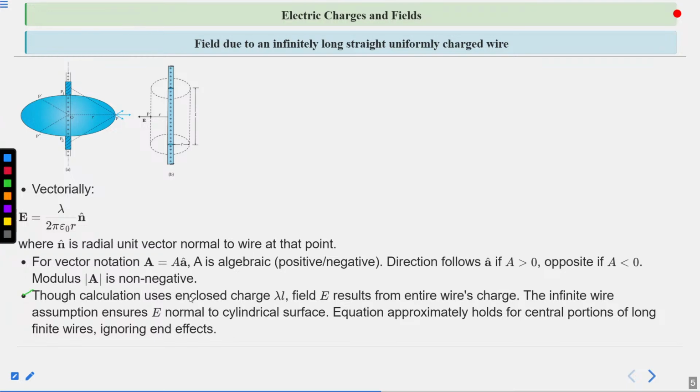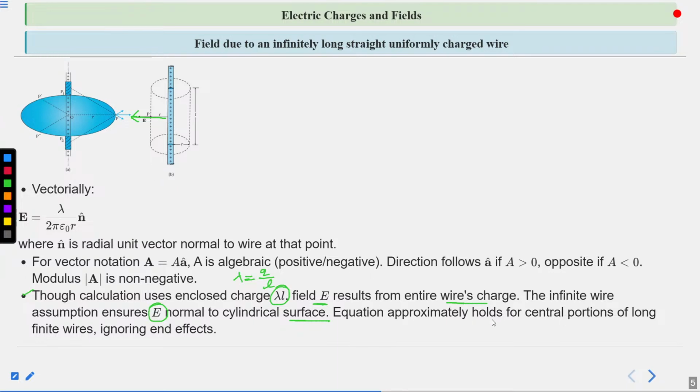The calculation uses the enclosed charge. Look here. We know linear charge density lambda is charge upon length. So the enclosed charge is lambda L, and the electric field E results from the entire wire's charge. The infinite wire assumption ensures E is normal to the cylindrical surface.